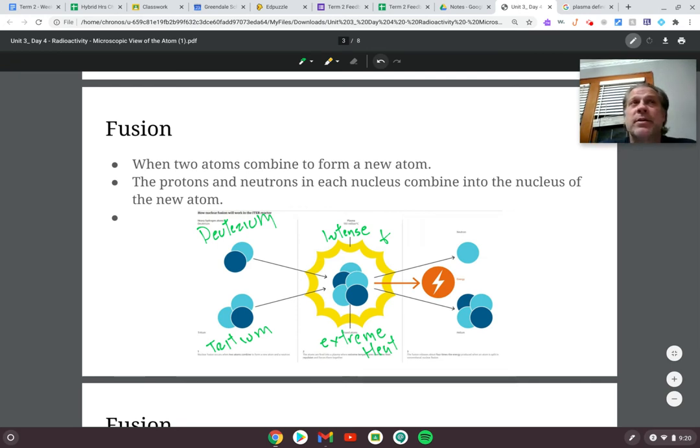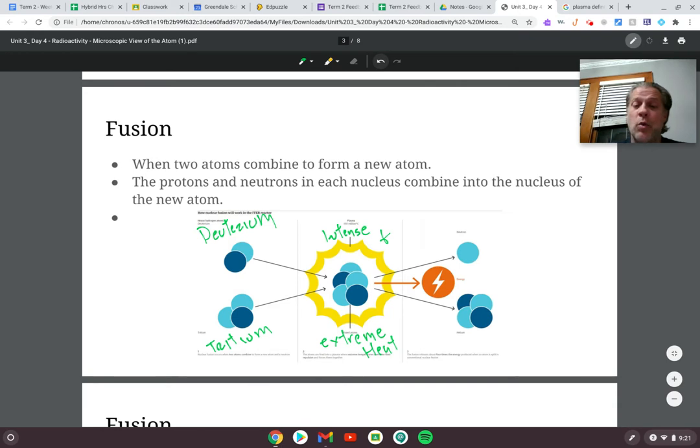Plasma is a state of matter in which the positive nuclei are stripped of the negative electrons, but the electrons aren't lost. They're just in the area. So you have a bunch of electrons floating around and a bunch of nuclei, protons and neutrons, floating around, and they create this very high energy state of matter, which is really important for fusion, because if the electrons are stripped off of the original atoms, in this case the deuterium and the tritium, that allows the deuterium and the tritium to come close enough together to form a nucleus.